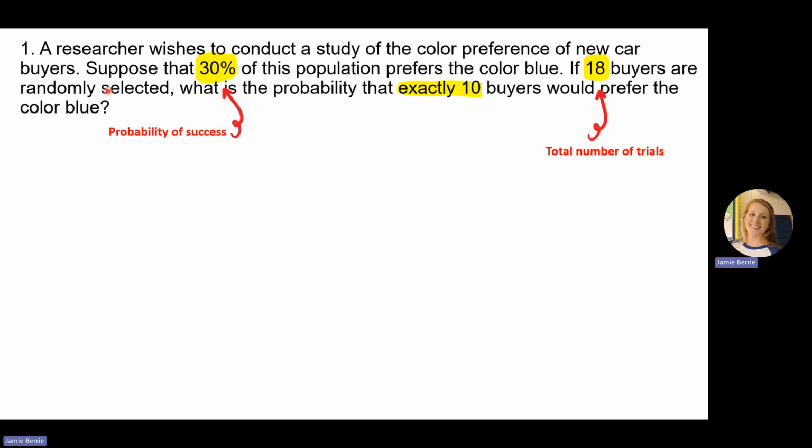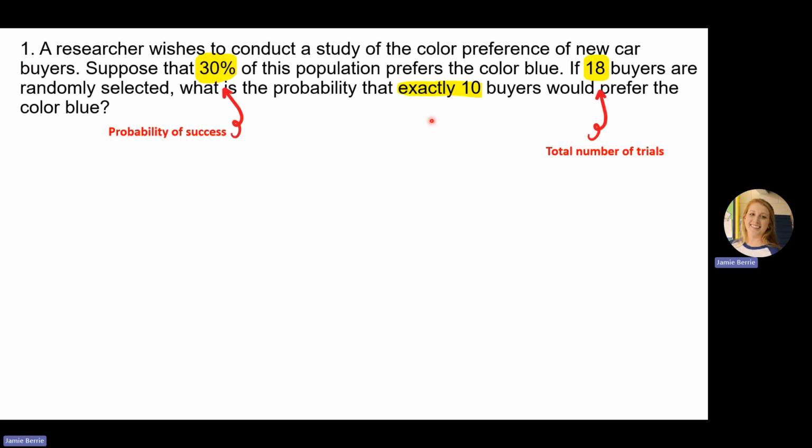Another property of the binomial distribution is that there are only 2 options, a success or a failure. You either prefer the color blue or you don't. There's no in between. It's not like, oh, I sort of prefer it, but I sort of prefer this. You either prefer one or the other.